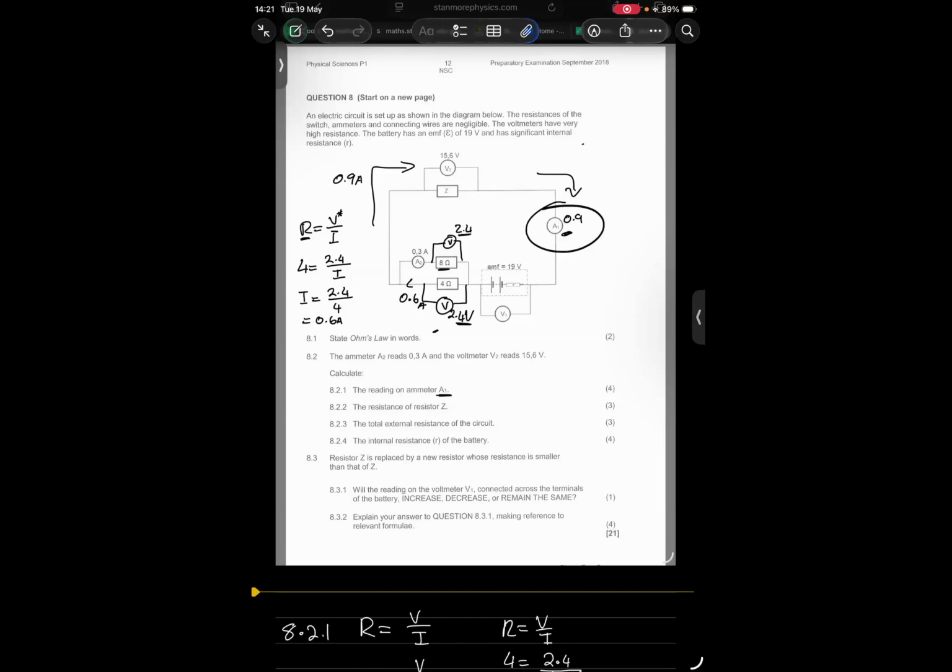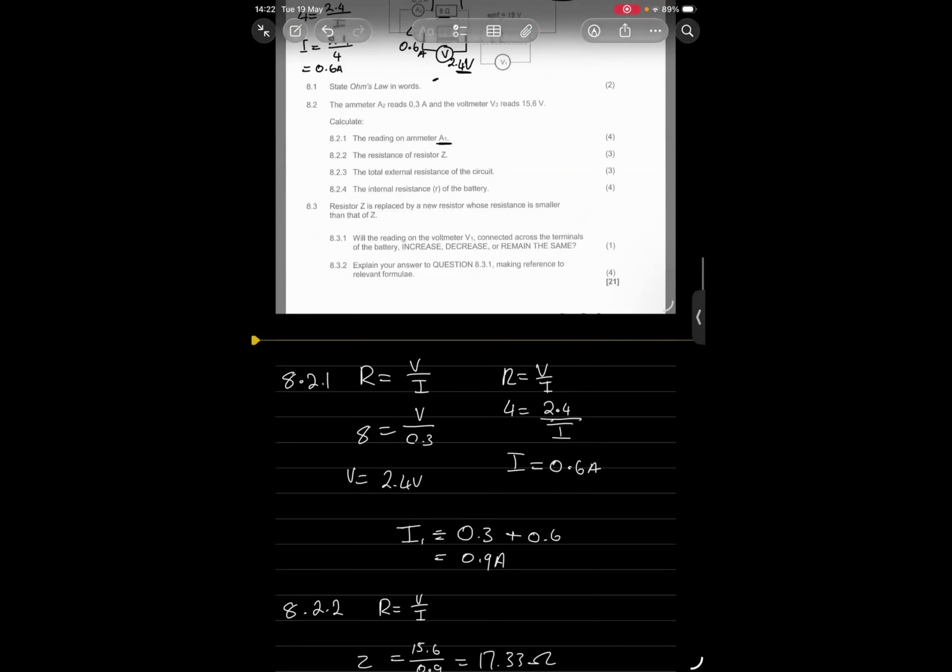I say I got 104/45. 104. Yes. In decimal, how much is it? 2.31.